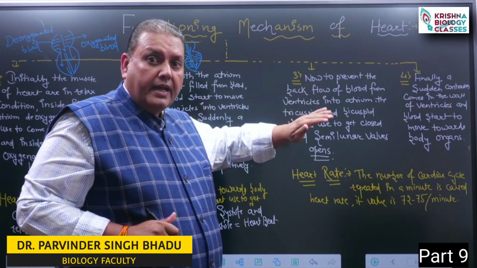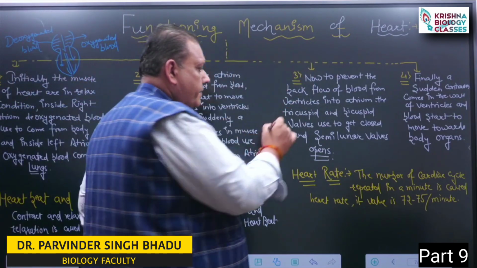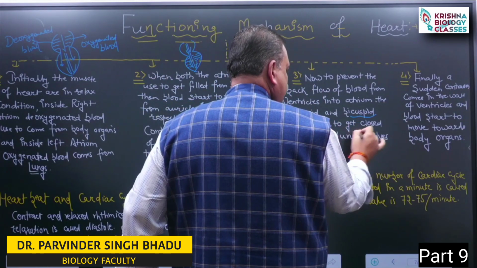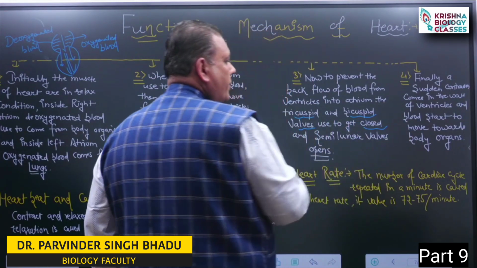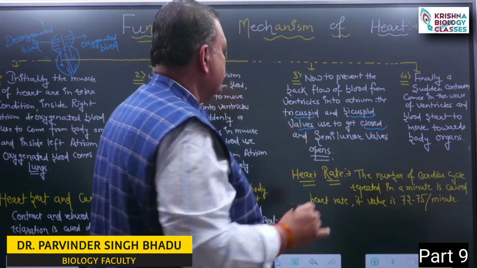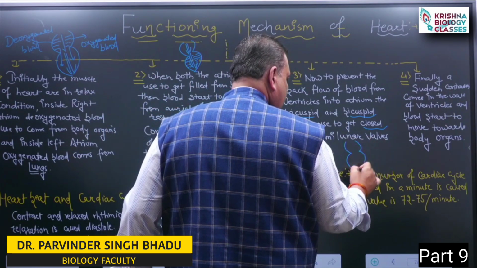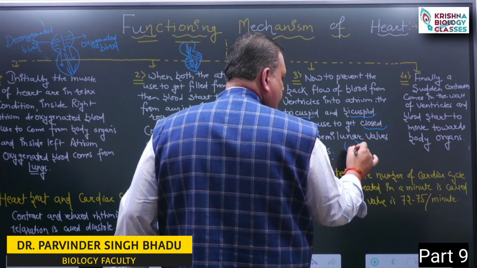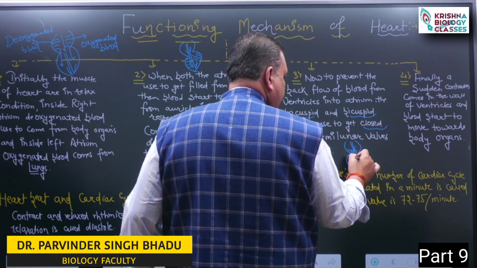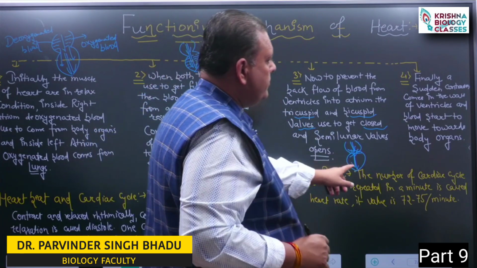To prevent the backflow of the blood from ventricle to auricle, tricuspid and bicuspid valve will get closed and semilunar valve will open. Now these valves used to get closed, tricuspid will close and bicuspid will close and semilunar will open.